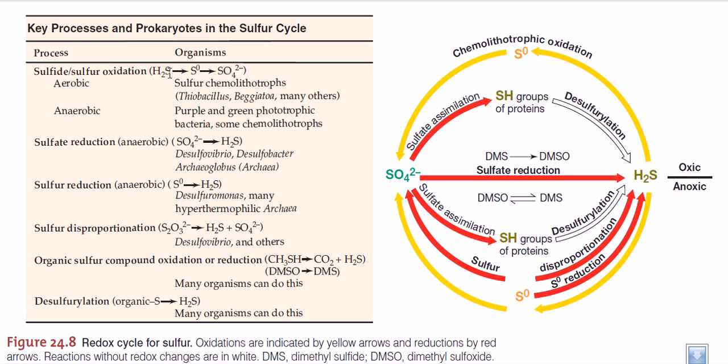As we know, H2S or hydrogen sulfide is the most reduced form of sulfur, and SO4 2 minus is the most oxidized form of sulfur. So sulfur can exist at these two terminal places. In H2S it is most reduced, in SO4 2 minus it is most oxidized, and the in-between step is inorganic sulfur, which is sulfur zero.